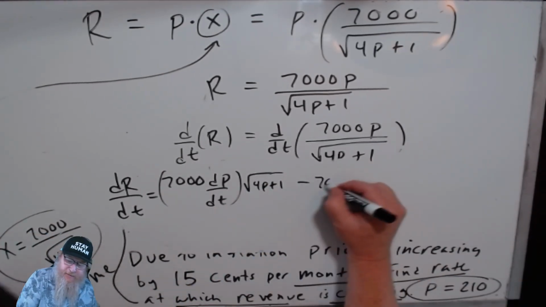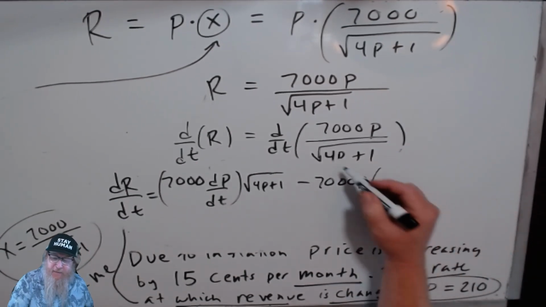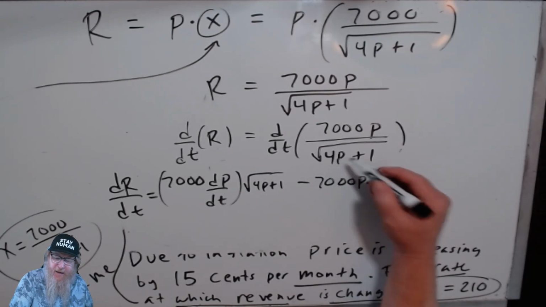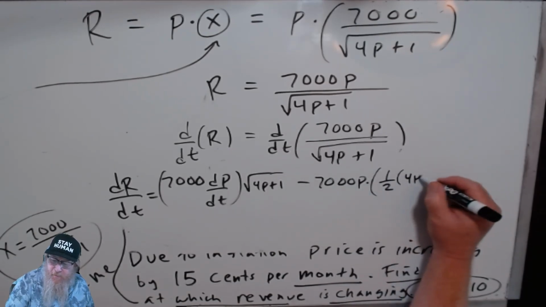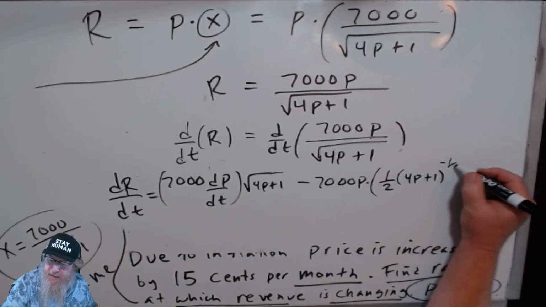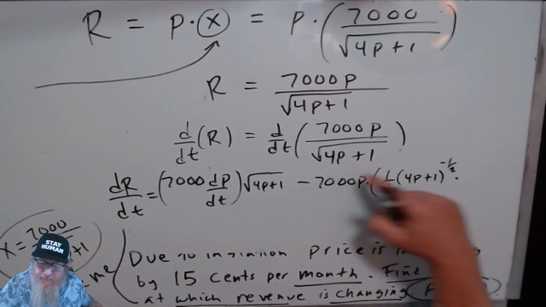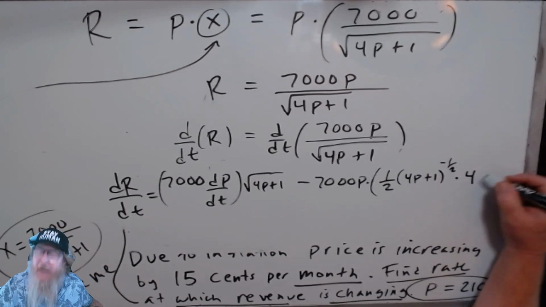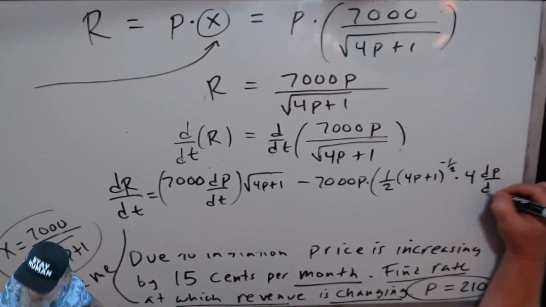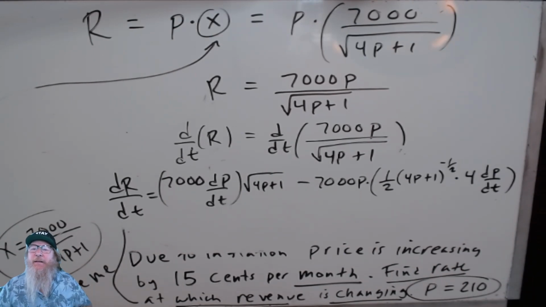minus 7,000p times, now I got to be careful here, the derivative of the denominator is going to be 1/2 times 4p plus 1 to the negative 1/2 times the derivative of the inside, which is 4 dp/dt. That's that implicit differentiation that we have been focusing on in this lecture.